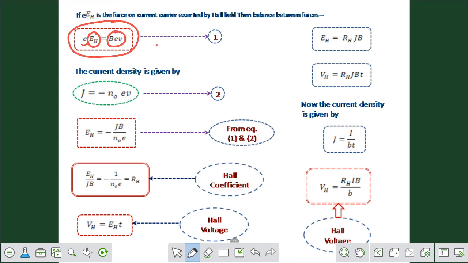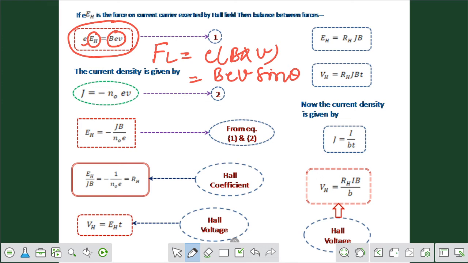As you know, the Lorentz force F_L is equal to e(B cross V), which we can write as BeV sin theta, and the Lorentz force is maximum when theta is equal to pi by 2. So at this angle we can write the Lorentz force like that, BeV.